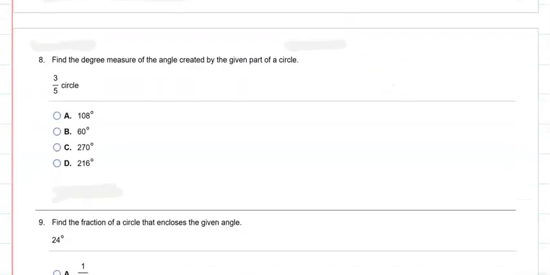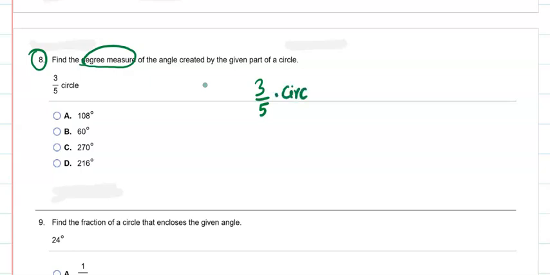Okay, question number 8. Find the degree measure of the angle created by the given part of the circle. So 3/5 of the circle. How much angle is made by this 3/5 of the circle? That's the question. Okay, 3/5 of a circle.